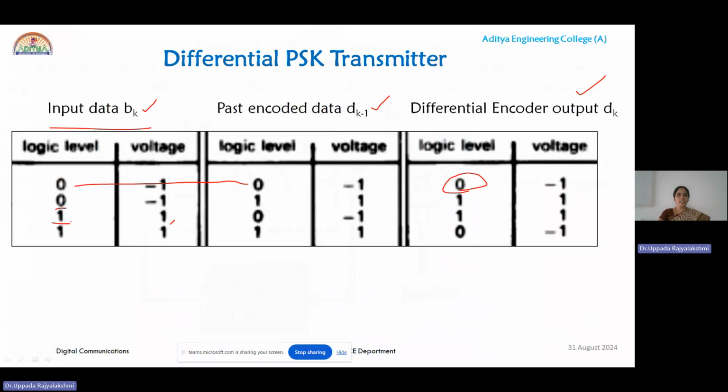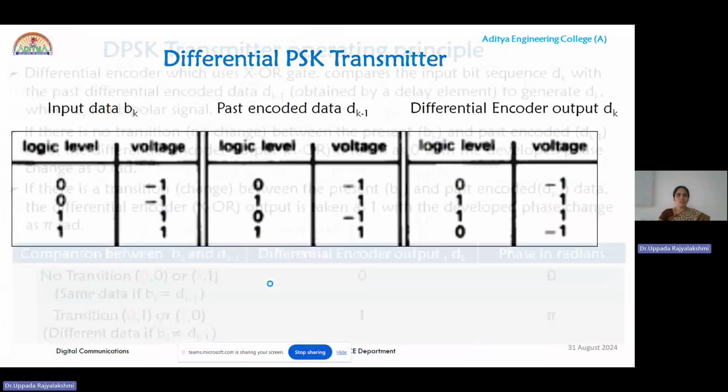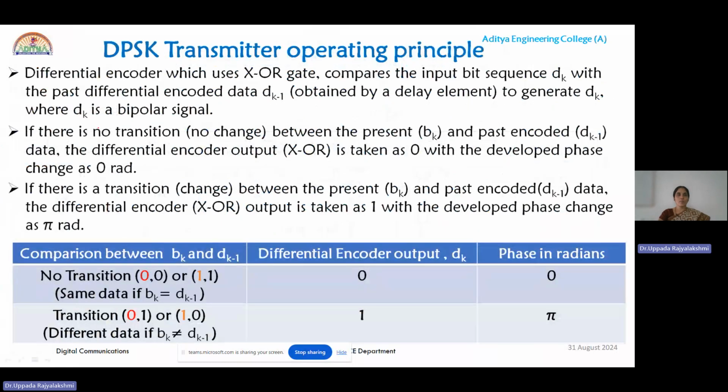For different data, you can assume 1 0, or 0 1, the XOR output is 1, that is maximum magnitude. For the same data, you can see the output as 0. So in two cases the output is 0 because you are using the XOR gate.